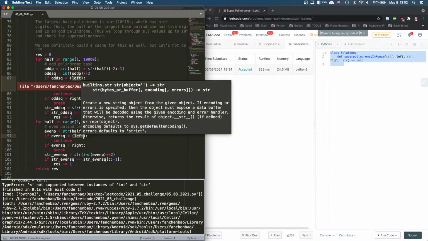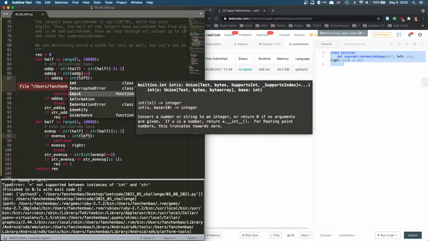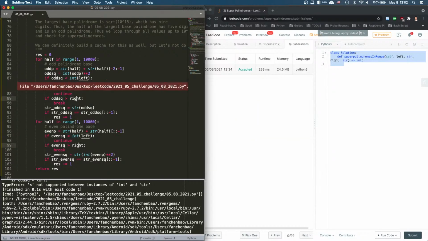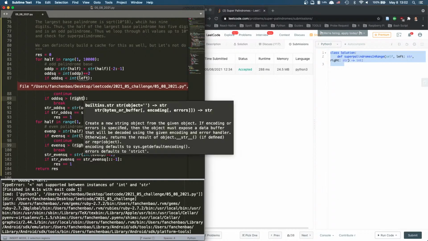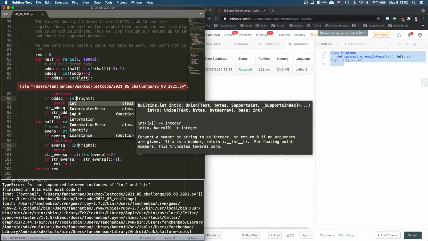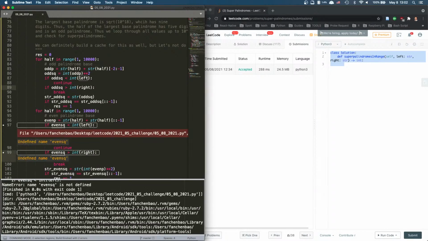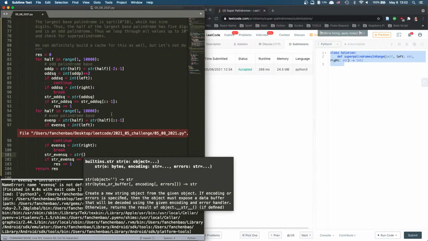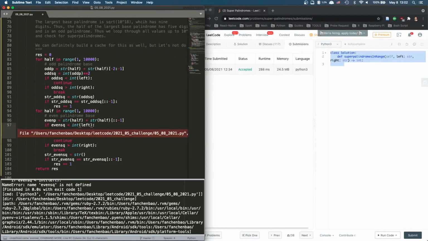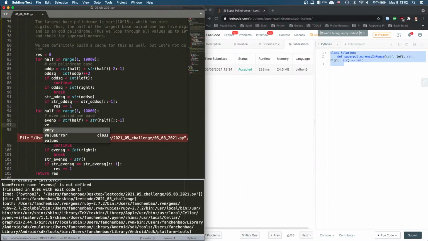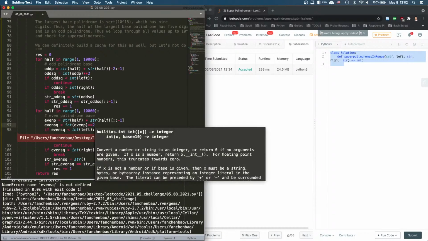Left has to be int, so we can handle the right at the same time as well. So right int, even squared. No, it didn't do even squared. Jeez. Even squared equals this.